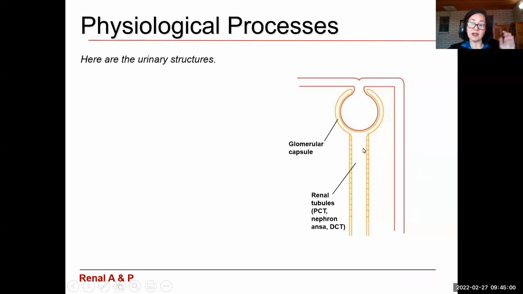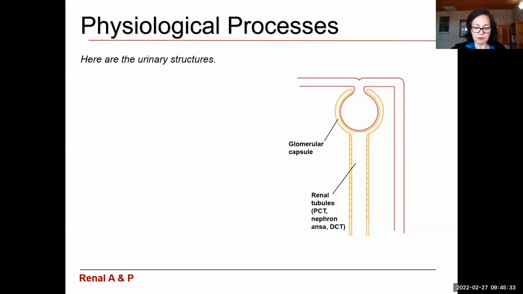The part of that convoluted tubule that's right next to the capsule is called the proximal convoluted tubule. The part that's further away is called the distal convoluted tubule. And in between, there's a hairpin turn that is referred to as the nephron ansa. You may have learned it as the loop of Henle, and lots of people still call it the loop of Henle. Okay, so those are the structures.